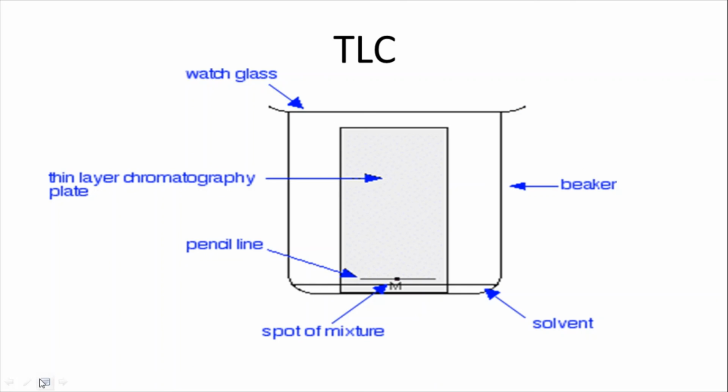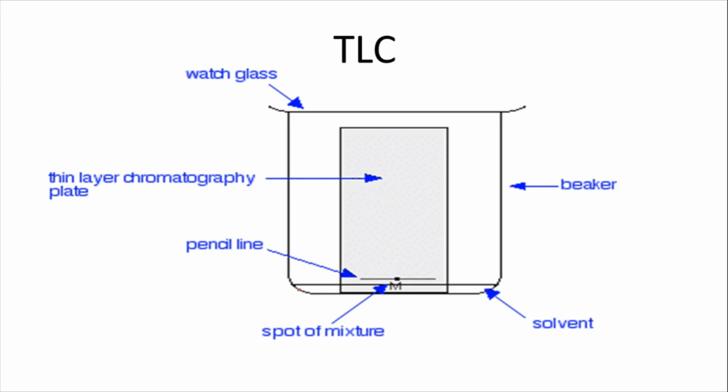This is the schematic representation of TLC. This is the TLC tank and this is a TLC plate. You can always choose this kind of structure, so we attain better resolution. You can draw the line and place a sample.